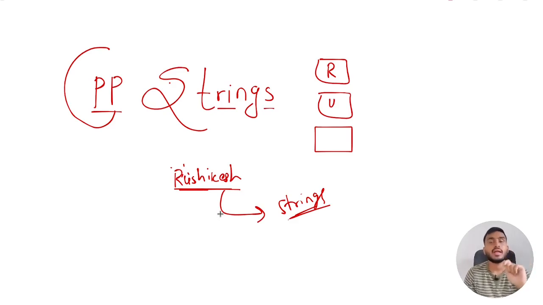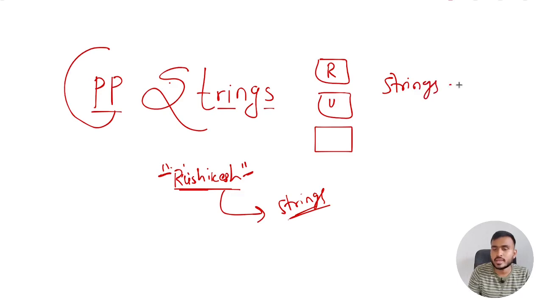Now always remember, whenever you want to represent a character in C++, you enclose it in single quotes. Similarly, whenever you have to represent a string in C++, you have to enclose it in double quotes. This is very essential. So always remember, strings will be enclosed in double quotes and characters will be enclosed in single quotes.